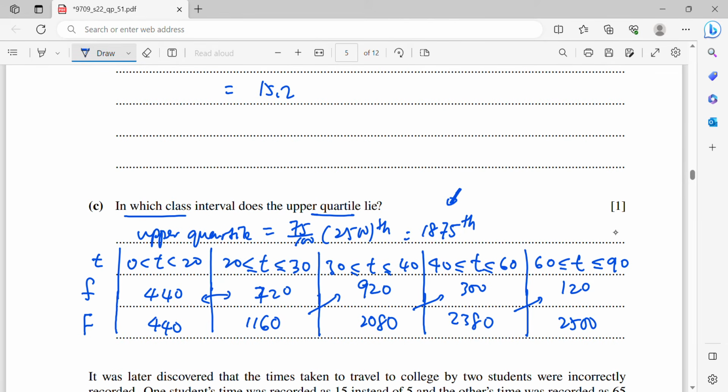Our upper quartile is data number 1875, which is obviously in the third group, because the previous group goes only up to data number 1160. So the upper quartile class interval is 30 to 40.